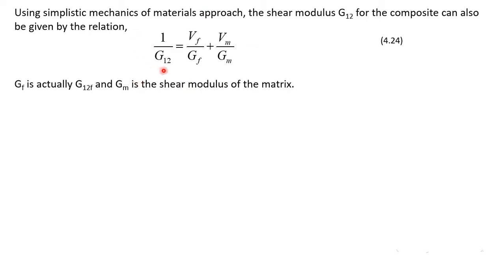So 1 over G12 is the volume fraction of fiber divided by GF plus the volume fraction of matrix divided by GM. GF is actually G12F, the shear modulus of the fiber in the plane normal to the applied force direction, and GM is the shear modulus of the matrix.